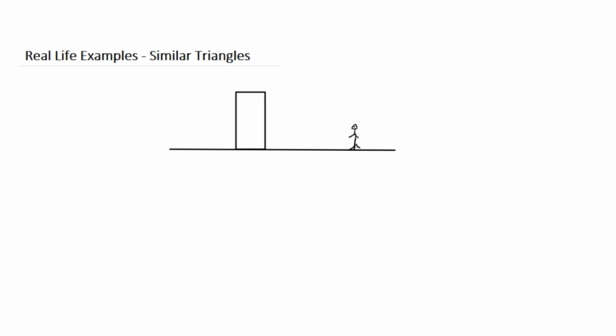Now we know that the rays of the sun are going to be parallel to each other, so let's say the sun rays are falling on the museum building and they make a shadow of 20 meters.